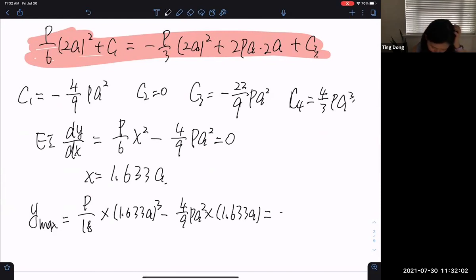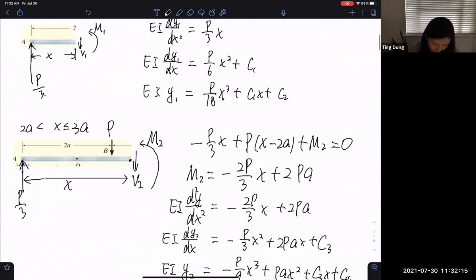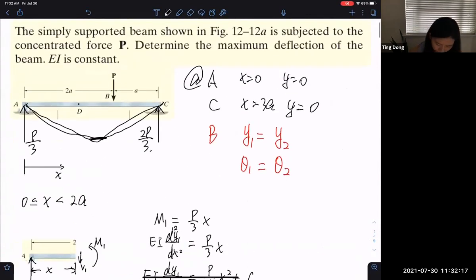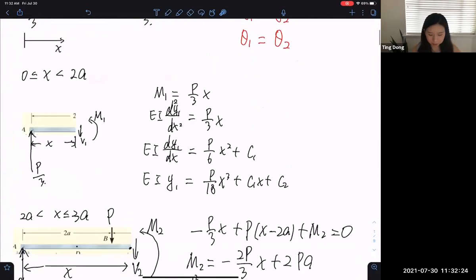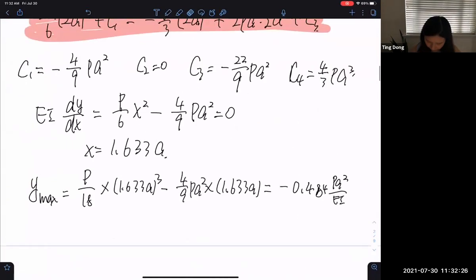So the maximum deflection is negative 0.484 PA. So the negative sign in front basically means that, well, if we normally define this is x direction, this is y direction, and negative value is deflection downward. So there's a negative sign in front.